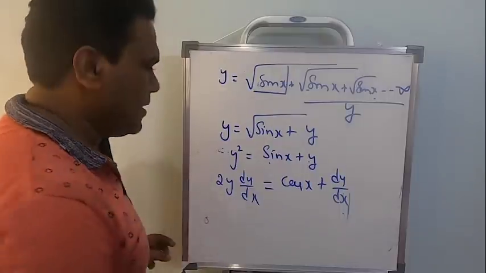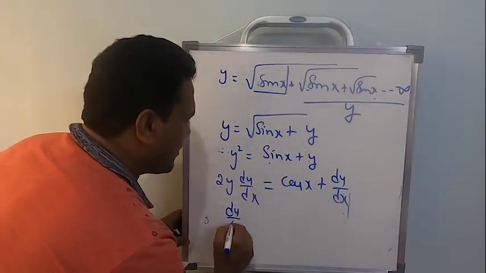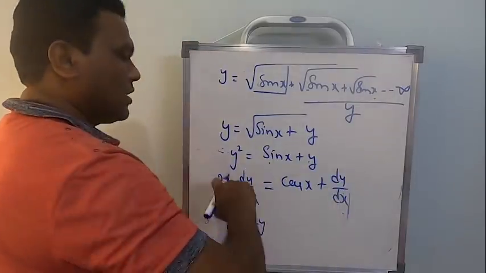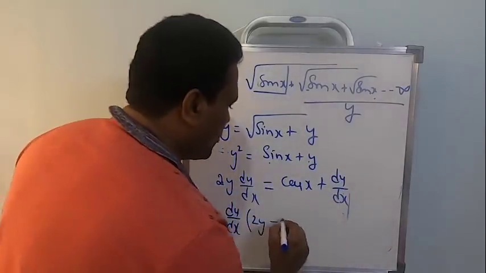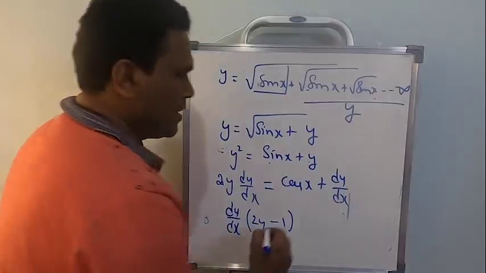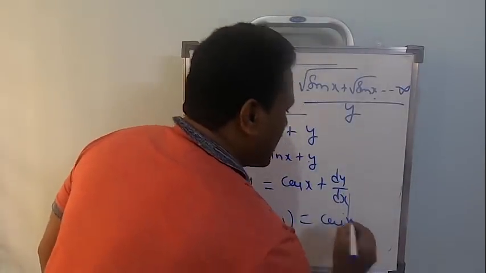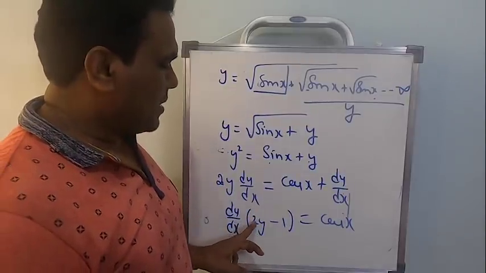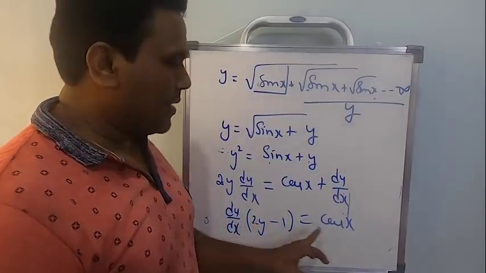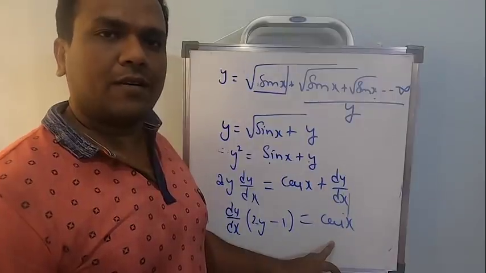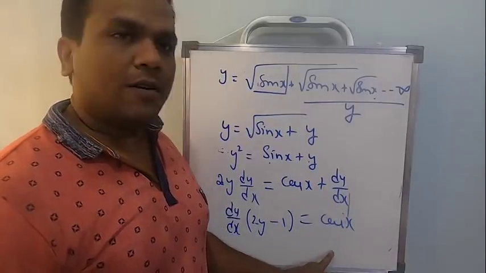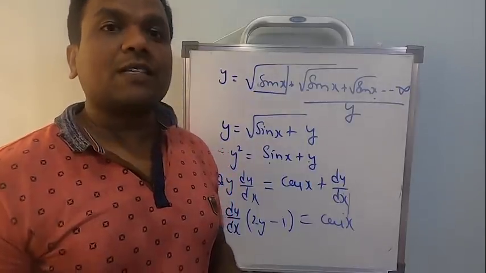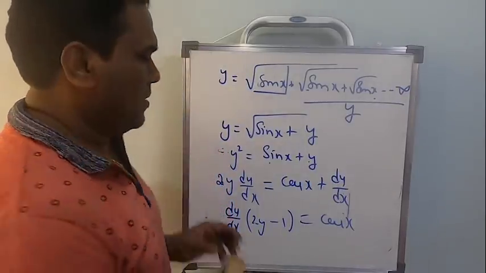Shift this to the left hand side, so this can be written as dy by dx, taking common, 2y minus 1, equal to cos x on the right side. Now the final step: shift this 2y minus 1 to the right hand side, it goes to the denominator. So dy by dx is cos x by 2y minus 1. You just need to observe, student, what is actually repeating, that's all.